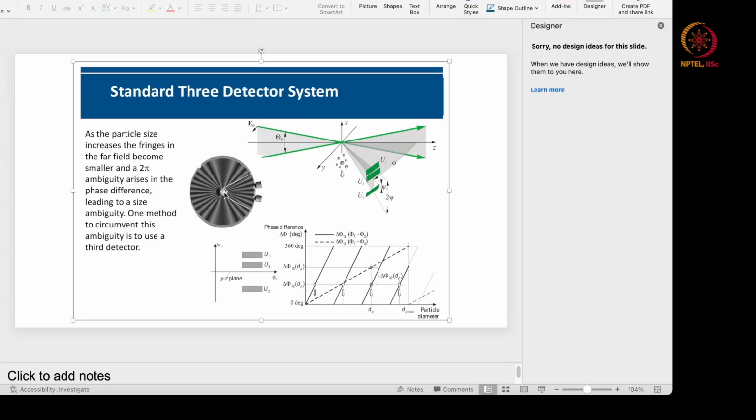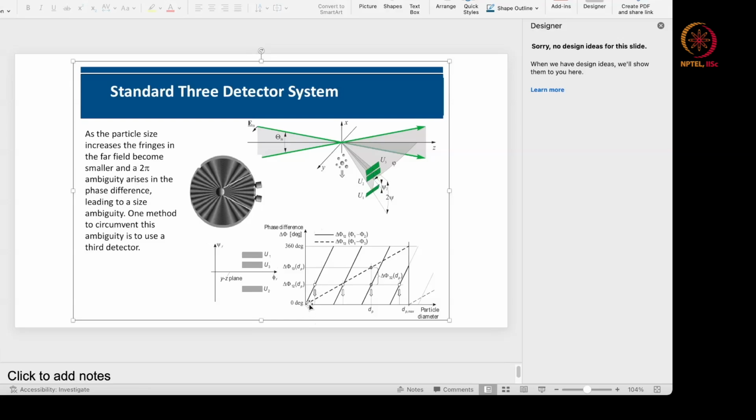So this is a particle. Now, as the particle grows large, more and more fringes start to accumulate between these two detectors, because, as you know, if the particle gets large, the fringes are very closely spaced. As a result, you have what we call a 2 pi ambiguity. Let me try to explain that.